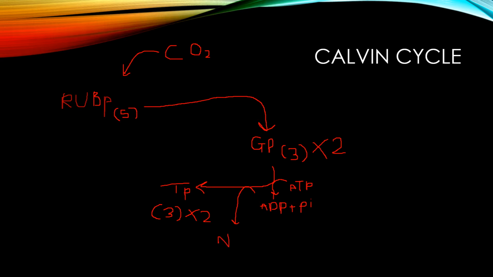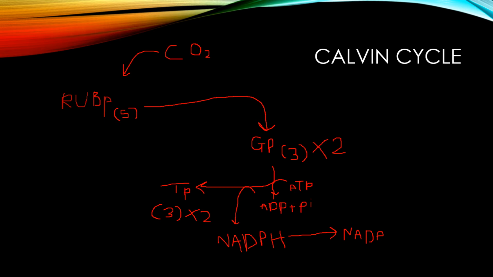So NADPH forming NADP. I wouldn't recommend you writing H. Remember in your exam, write reduced NADP because you can lose marks if you write the formula wrong, whereas if you write reduced NADP, you'll get the marks.